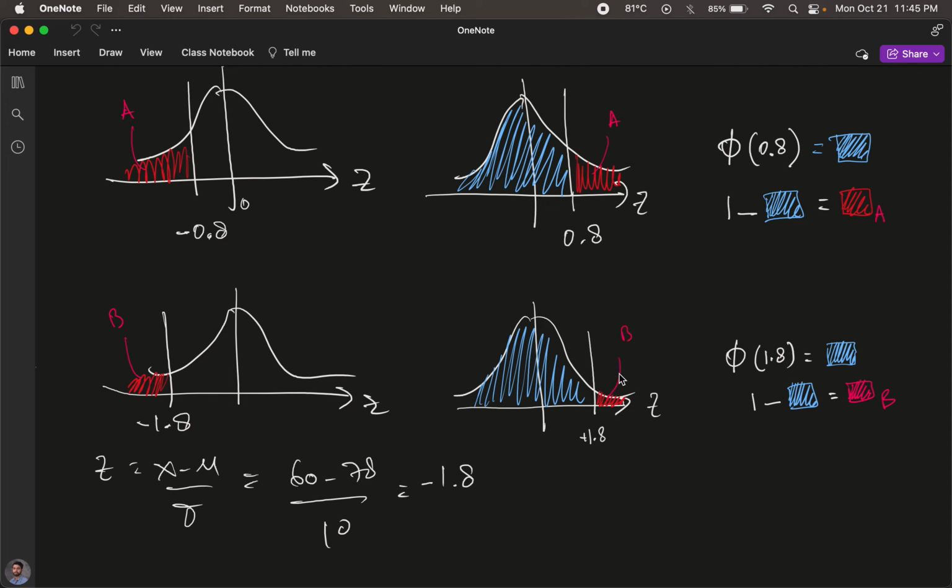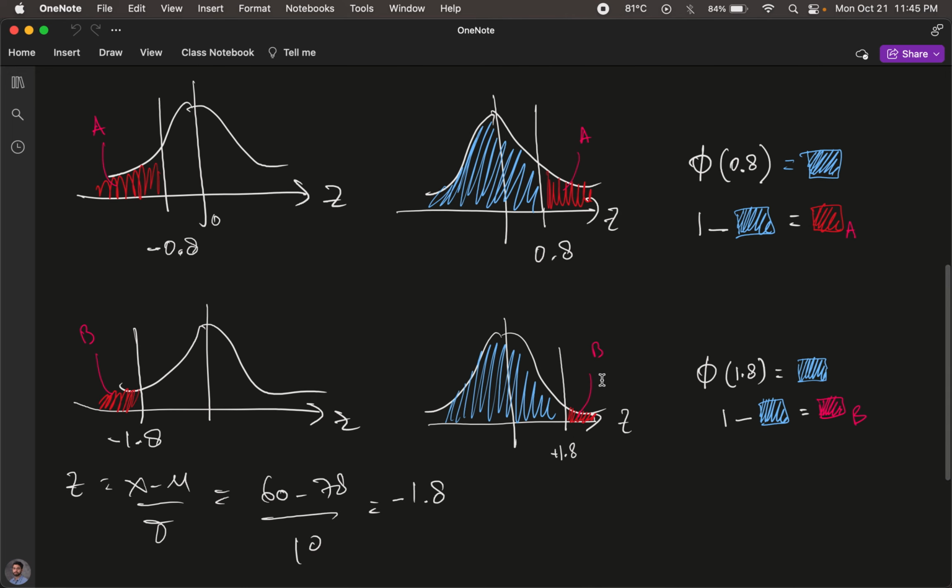This is B. It's the same tail, just on the other side. So now I have got these two areas, red A and red B areas. Notice I've got them here, but these are the same ones on the other side of the tail, such as here. And the only thing left now is to subtract this smaller area from this bigger area to arrive at the central area. So I'll go ahead and do that.